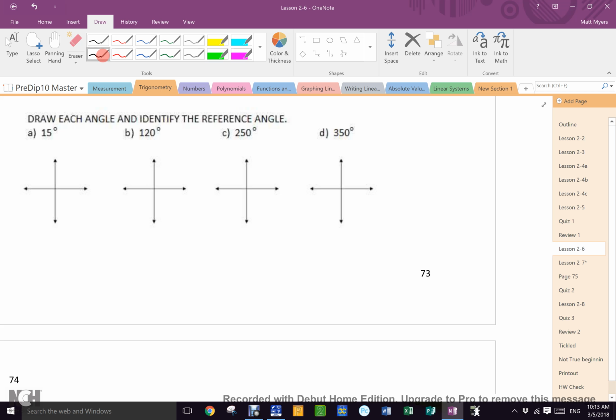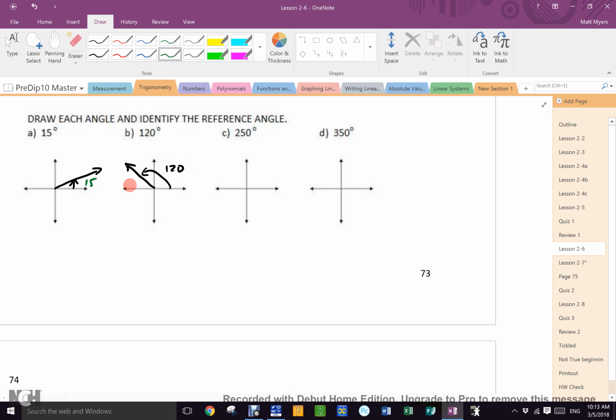All right. Where is it? First quadrant, and it's pretty low. So what's theta? 15. What's reference? 15. References are in green. 120 out here. What's theta? 120.